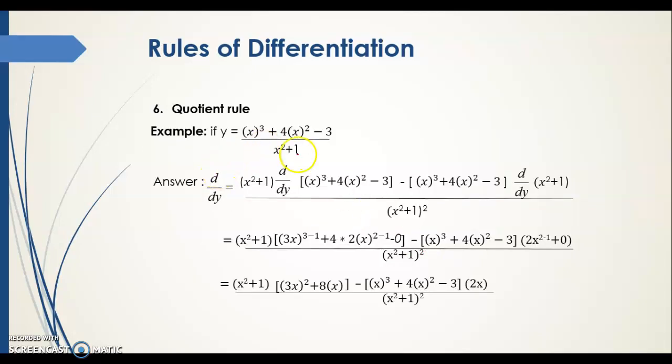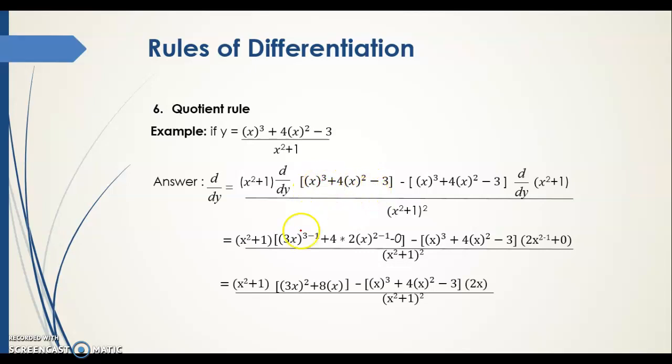So for example, if y is given as a function of this and you have to calculate the derivative of y with respect to x, the rule says the denominator whole square, then the denominator as it is, times the derivative of the whole numerator, minus the numerator as it is, times the derivative of the denominator. Okay, so this is as it is, and this is now the sum or addition rule.